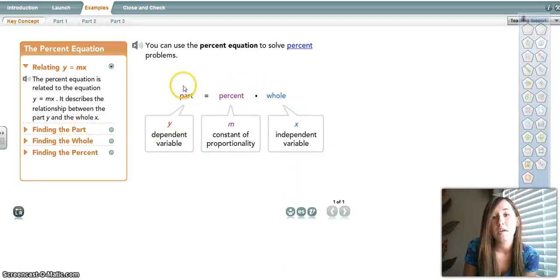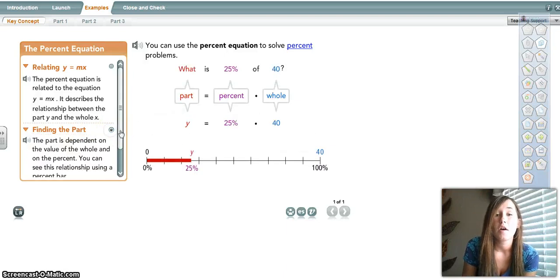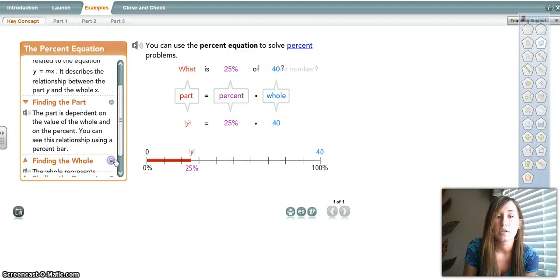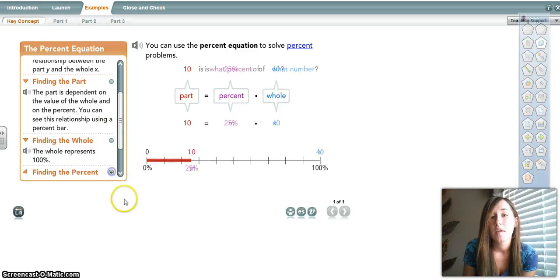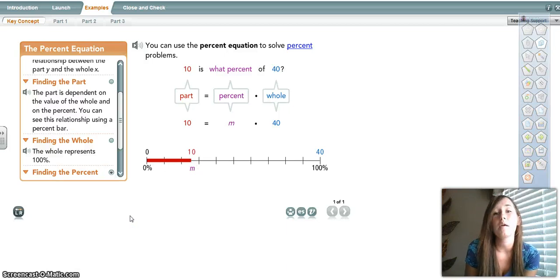Now, when we have this percent equation, we can use it to find a lot of things and solve a lot of problems. If we know the percent and we know the whole, we can use the percent equation to find the part. If we know the part and we know the percent, we can find the whole. And if we know the part and the whole, we can also find the percent. As long as we know two of the three, we can find the last missing value.